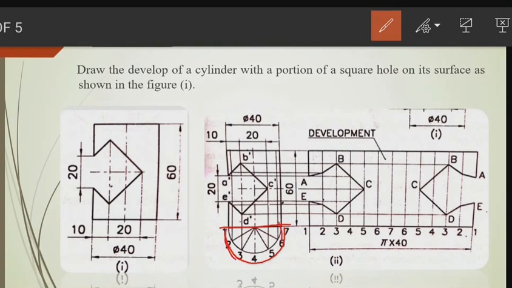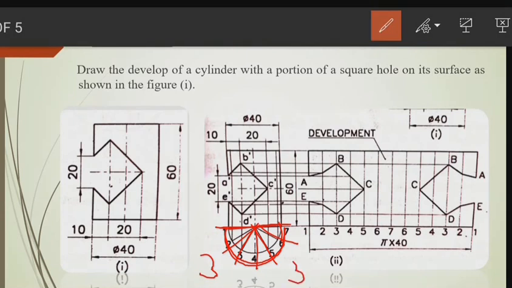So you draw the hemisphere and make an equal number of parts. I made 1, 2, 3, 4, 5, 6 and 7, all in equal parts. So three parts are here and three parts are here.